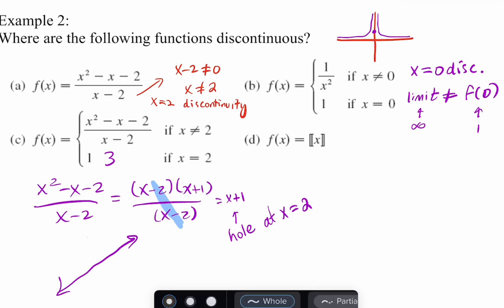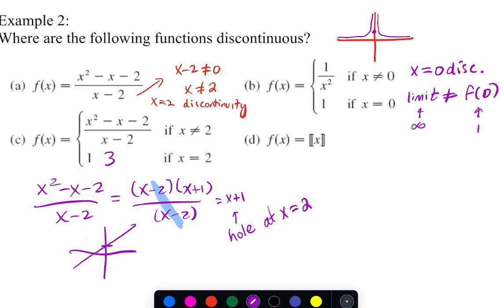Let me start again. If I am going to graph this piecewise function, let me show you. It looks like this. It has an open circle at 2. And they plugged the hole down here. They should have plugged the hole at 3.